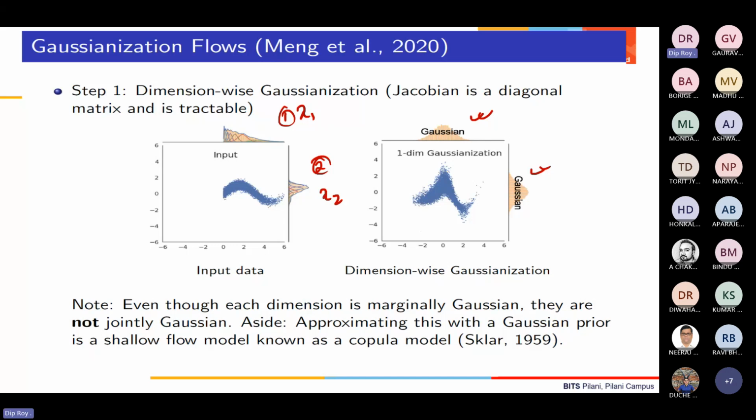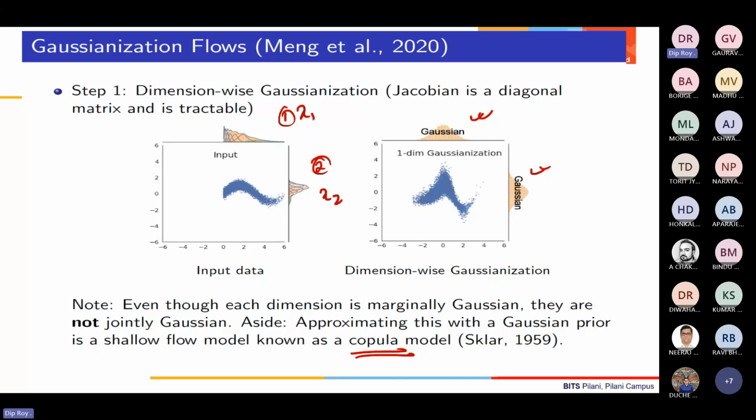In the first step, you Gaussianize your individual dimensions, but your overall multidimensional data is still not Gaussian, because the variables are still dependent. This produces what is known as a Gaussian copula: Gaussian marginals, but dependent.